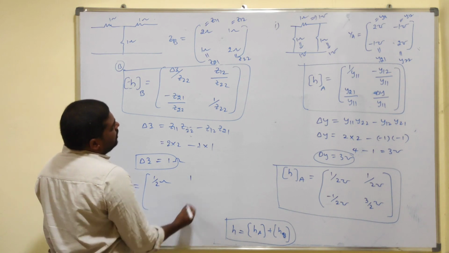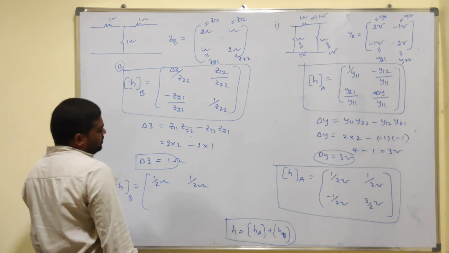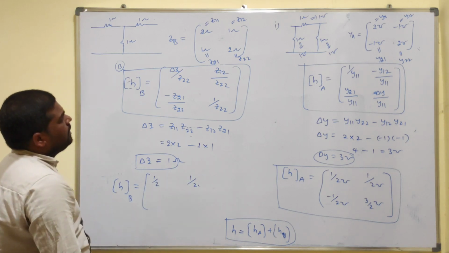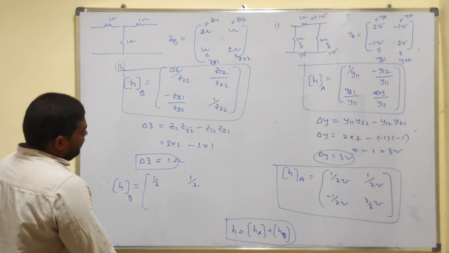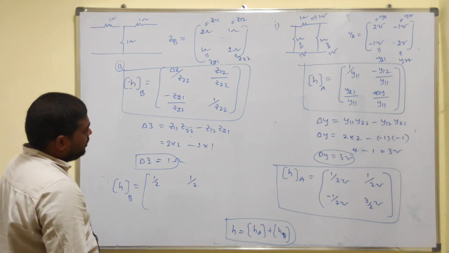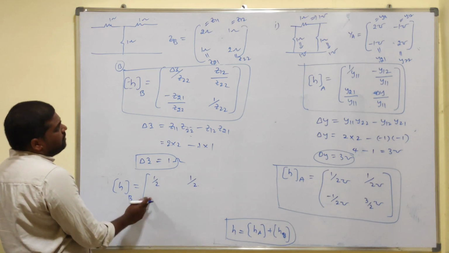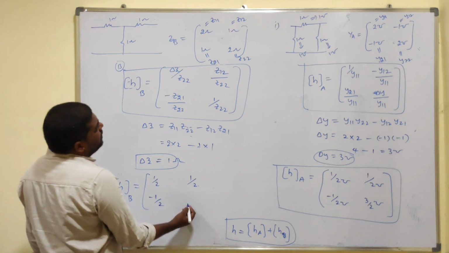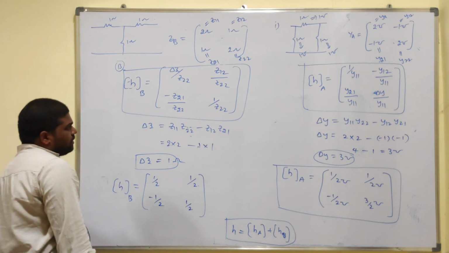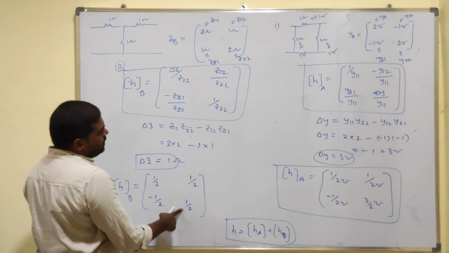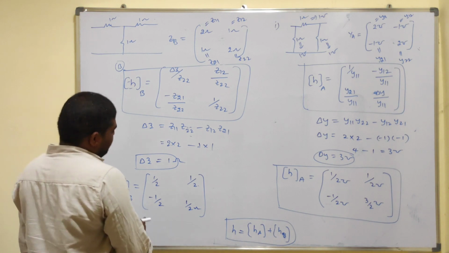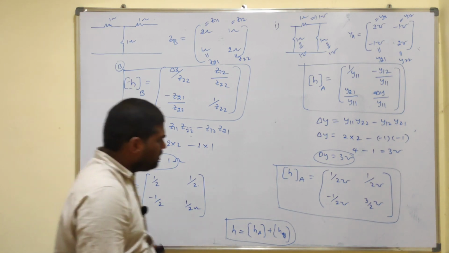Z12 equals 1 by 2, with Ω by Ω cancelling. Next, minus Z21, the Z21 value, so minus 1 by 2, and here 1 by Z22, which is 1 by 2 Ω. This is clear, this is your matrix, right?